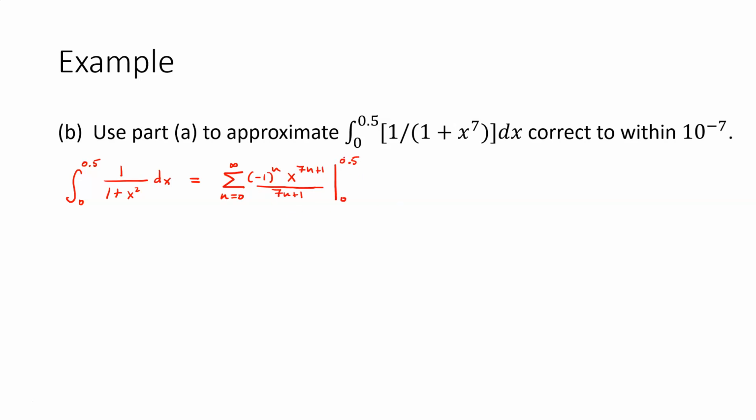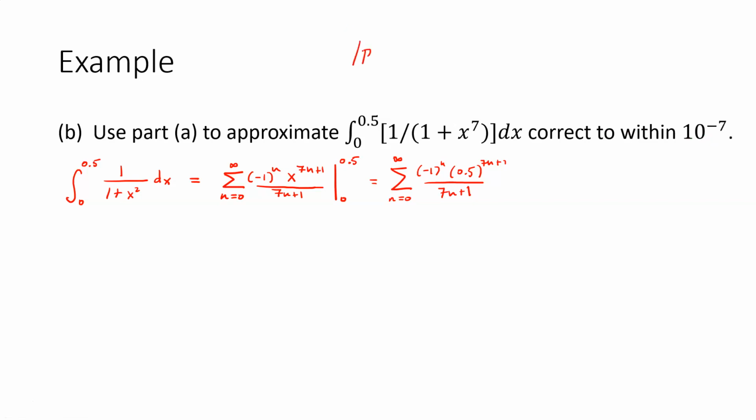And so substituting in 0.5, I get negative 1 to the n, 0.5 to the 7n plus 1 over 7n plus 1. Notice that at 0, all the terms will be 0, so evaluating it at 0 is just 0. And now the question is, how many terms of this series do I need to add in order to be correct within 10 to the negative 7? In other words, I want an error that's less than 0.0000001.